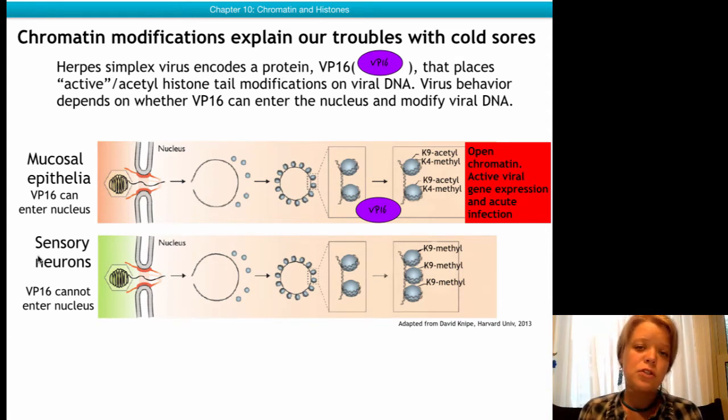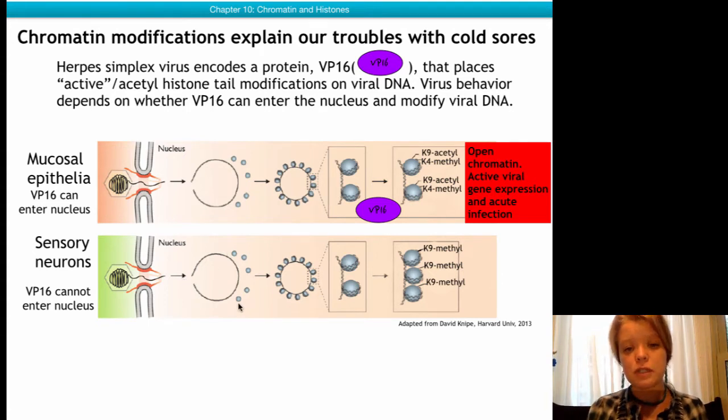And there, the situation is different. VP16 does not have the correct nuclear localization tag to enter the nucleus of a sensory neuron because the nuclear pores inside neurons are slightly different. So even though the genome is injected inside the nucleus, the VP16 is not there to assure open chromatin.